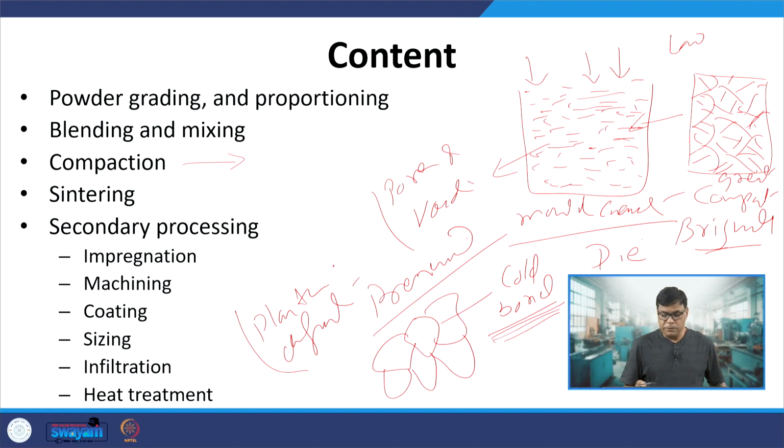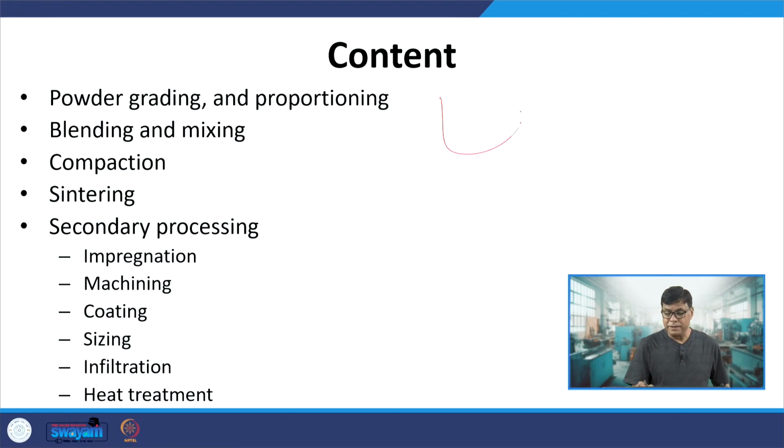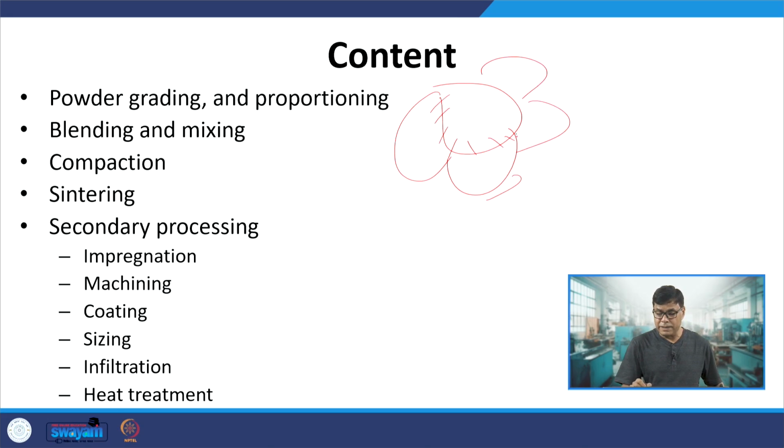So, in order to impart the desired strength, it is important that there is a metallurgical bond between the powder particles. In order to establish the metallurgical bond between the powder particles, sintering is crucial.